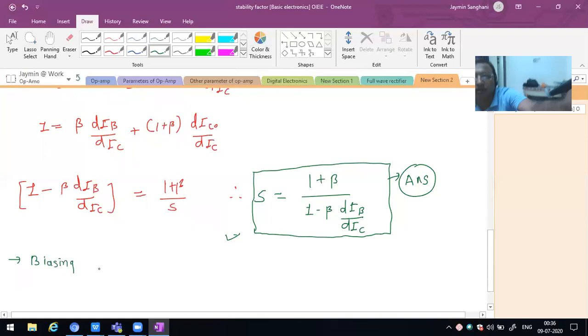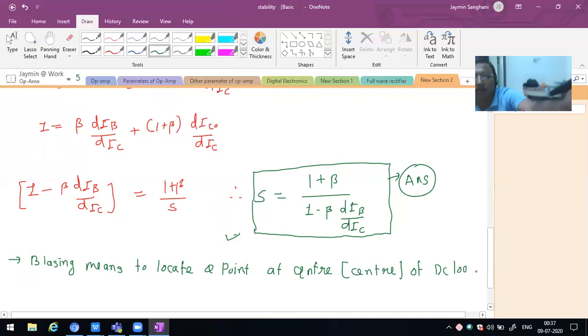Biasing means to locate the Q point at the center of the DC load line for the purpose of amplification.